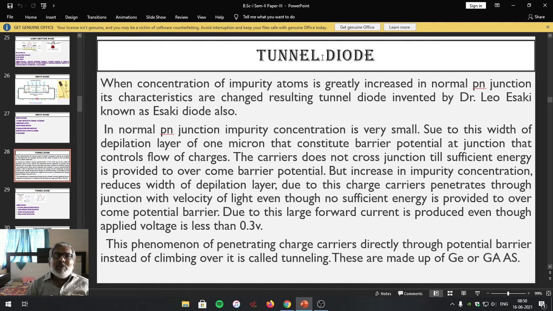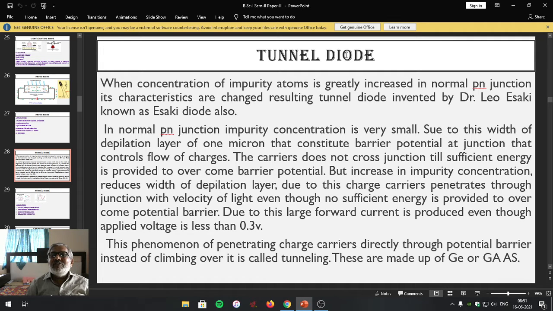One has to increase the doping concentration, means one has to add more impurity atoms while making p-type and n-type semiconductor, and then those are joined together to get a modified diode by changing the property of the simple p-n junction diode, and the new diode obtained is known as a tunnel diode.